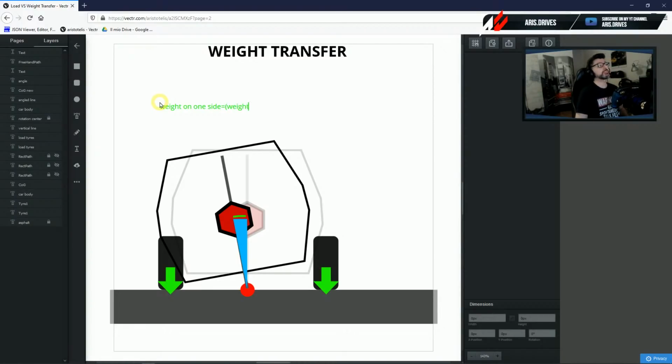It's the weight of the vehicle multiplied by the lateral distance of the center of gravity from the wheels, divided again by the track width of the car. Let's write the center of gravity from wheels, lateral.